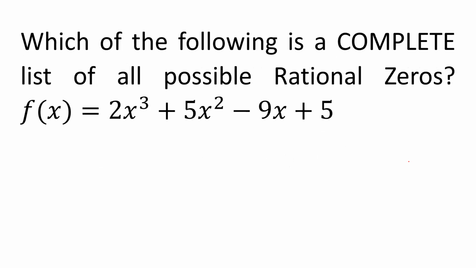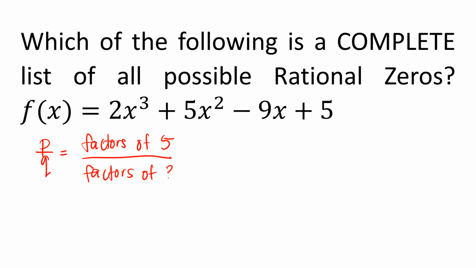For example, which of the following is the complete list of all possible rational zeros? So, P over Q. It becomes factors of 5 divided by factors of 3. What are the factors of 5? Positive, negative 1, positive, negative 5. We divide by the factors of 3: positive, negative 1, positive, negative 3.